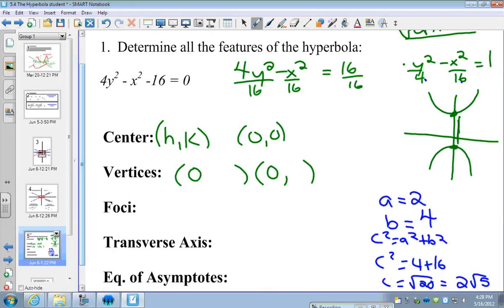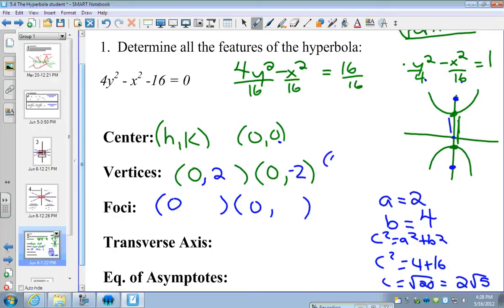Okay? So my vertices, the length between the center and a vertex is going to be a. So I'm going to add a and subtract a from my center. My foci are also going to be along that same line, so this is going to stay the same.